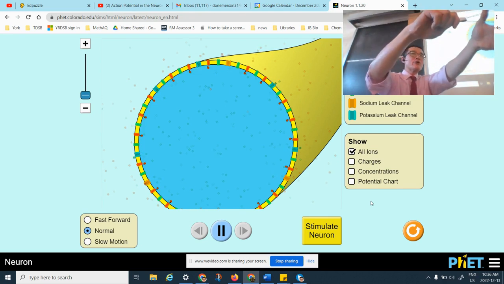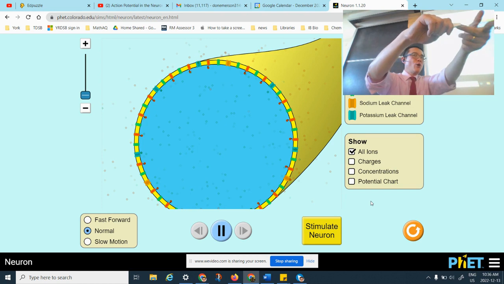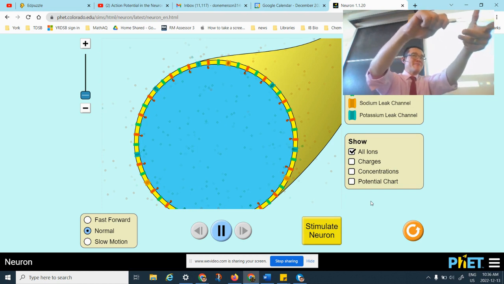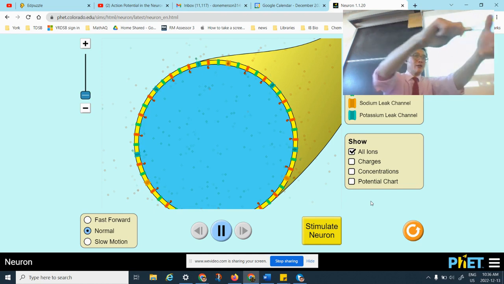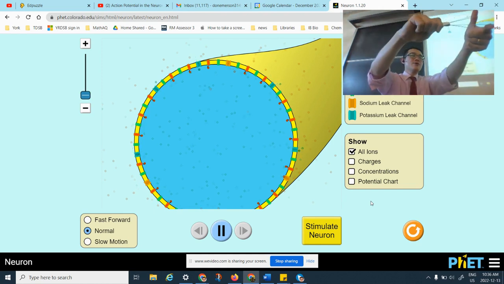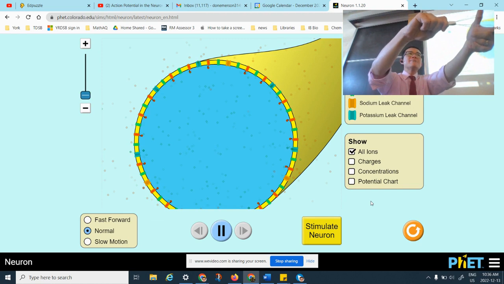Now, if I release the grip just by a little bit, it's still not going to fire because I'm still holding it tight enough so that the force of me holding is still greater than the force of the elastic band trying to launch this, right? So I have to release my grip on this bullet just enough so that I'm not holding it hard enough for this bullet to shoot out.